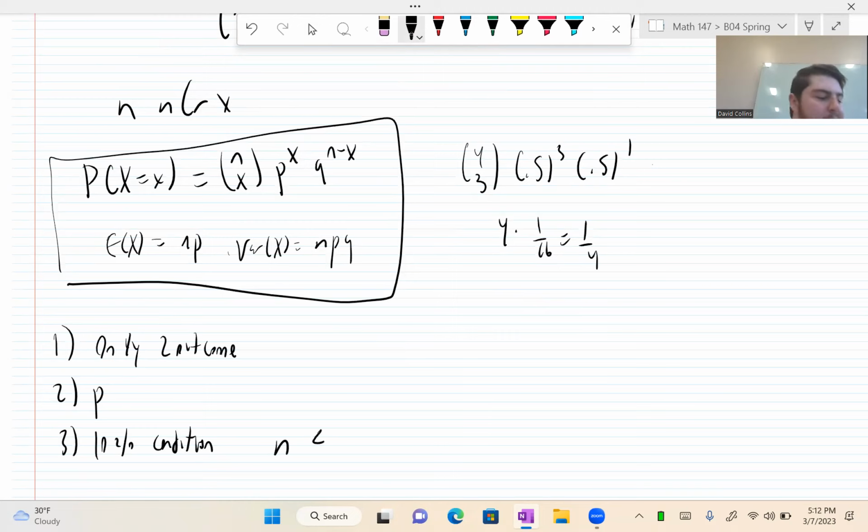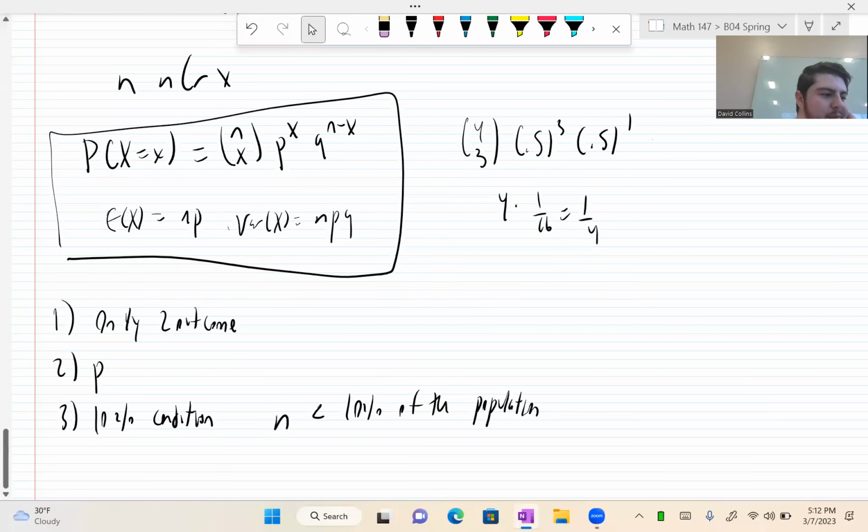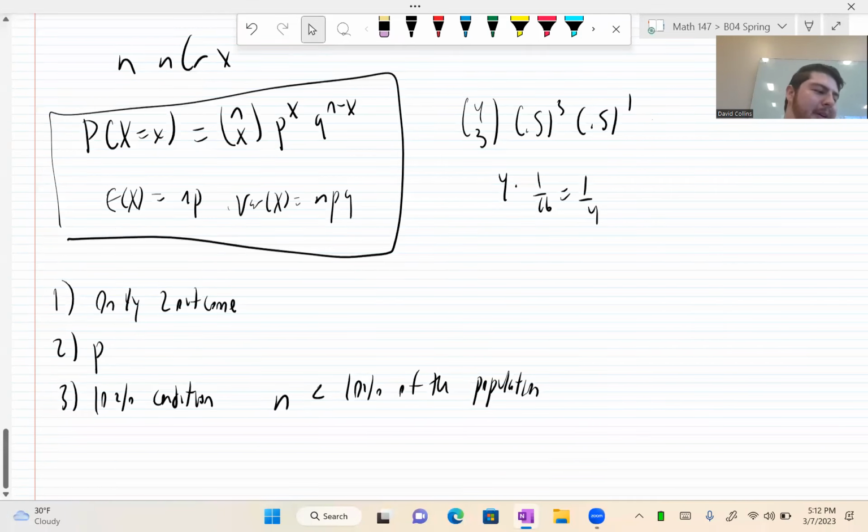Your n should be less than 10% of the population. In basically any scenario, it won't be a big deal, unless there's like 20 people in the world who have some rare disease and you choose 3 of them, that's more than 10%. But that rule basically won't matter.